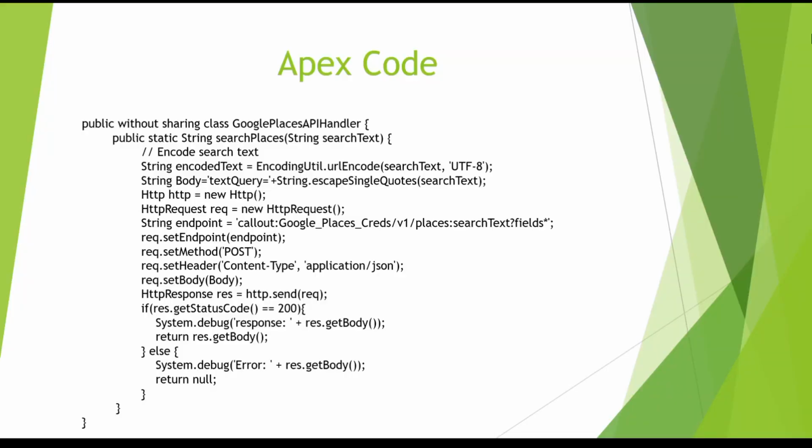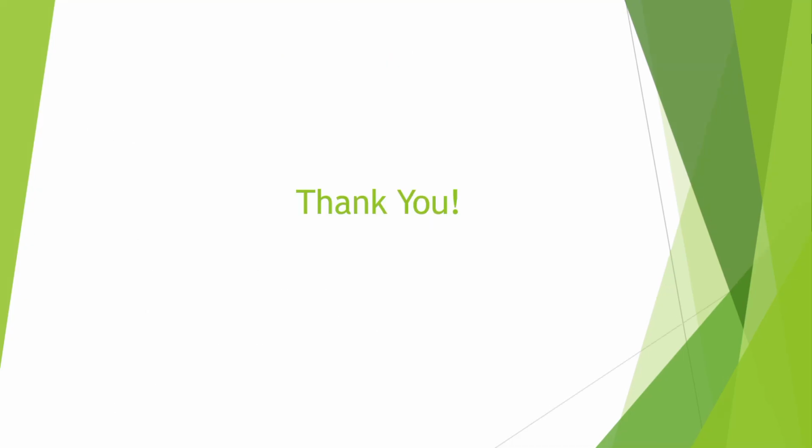And after this, we can use this named credential in our Apex class, and that will do the callout to the Google Places API, and then the Google Places API will return the results. Make a note here, Google Places API returns a maximum of 20 results per callout.